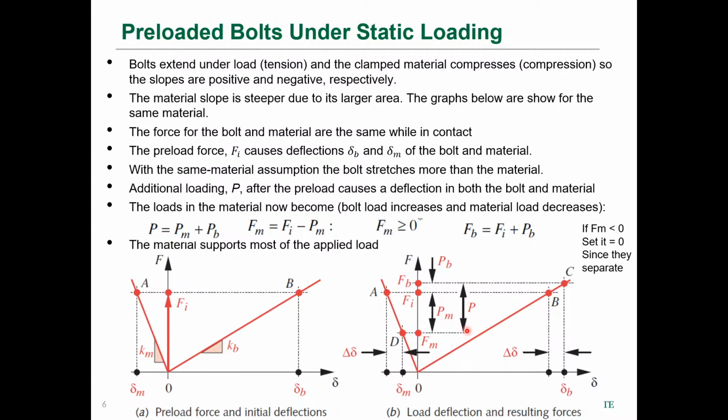Okay, so what's important to realize is that when you apply a load to a bolted joint, in most cases, and by design, most of the load is actually picked up by the material, and this is very desirable. Okay, and so we'll talk a little bit more about that, but the point is that the material actually supports most of the load.